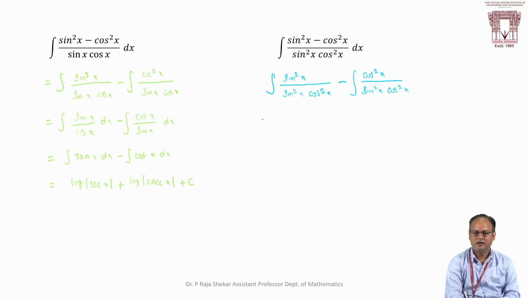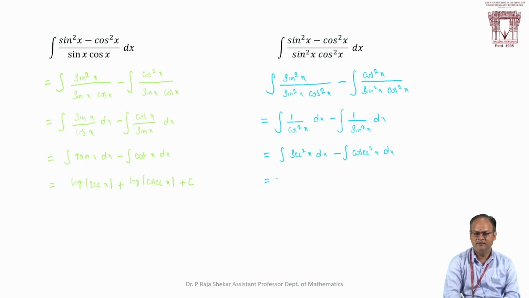Whatever common term is there in both the denominator and numerator can be cancelled. Now what is the common term? Sin square is common in the first, and in the second we find cos square as common. So it is 1 by cos square, being secant square, the integration of secant square, minus 1 by sin square, being cosecant square, the integration of cosecant square.